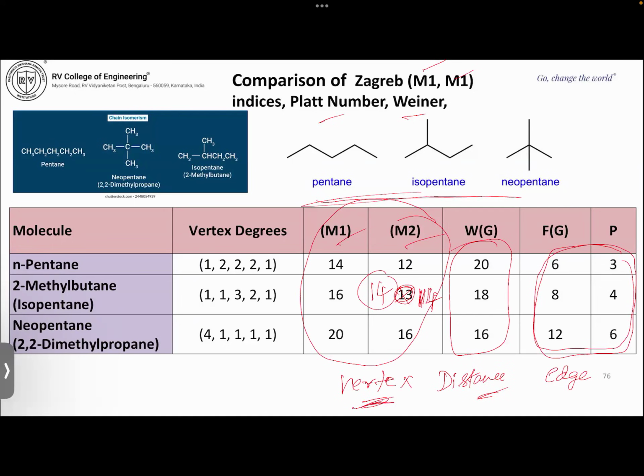This is the degree of the vertices and degree of the edge. So the Zagreb numbers 1 and 2 are based on the degree of vertices, the Platt number is based on the degree of the edges, and the Wiener number is based on the distance matrix.